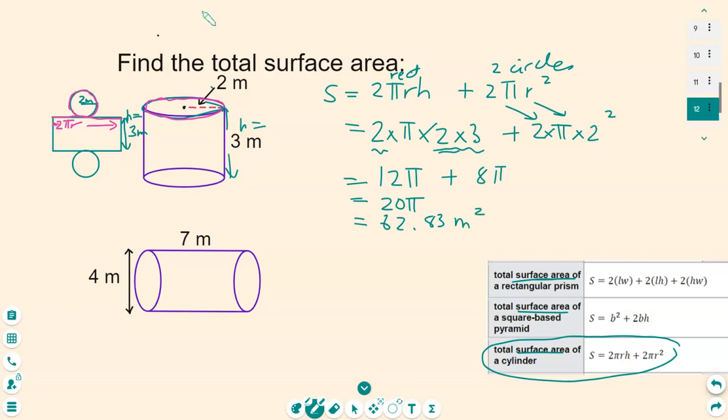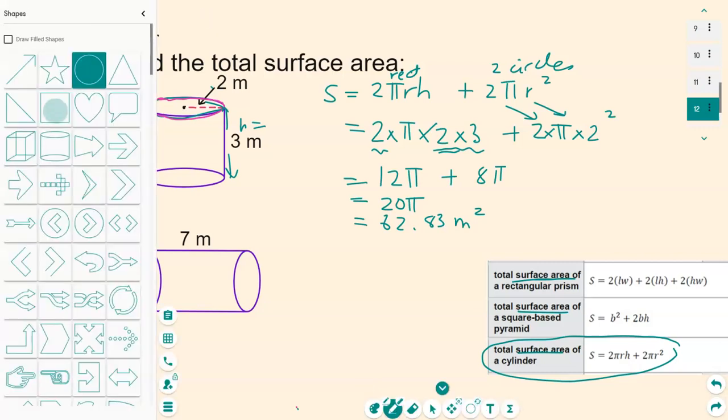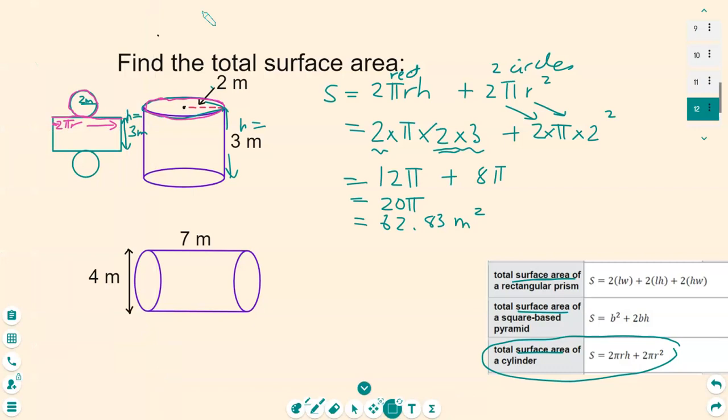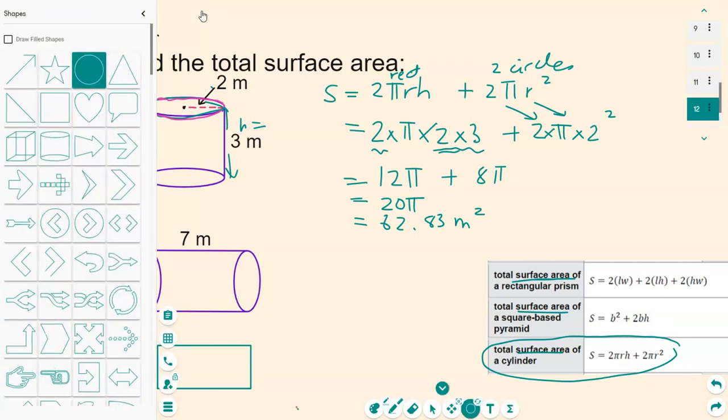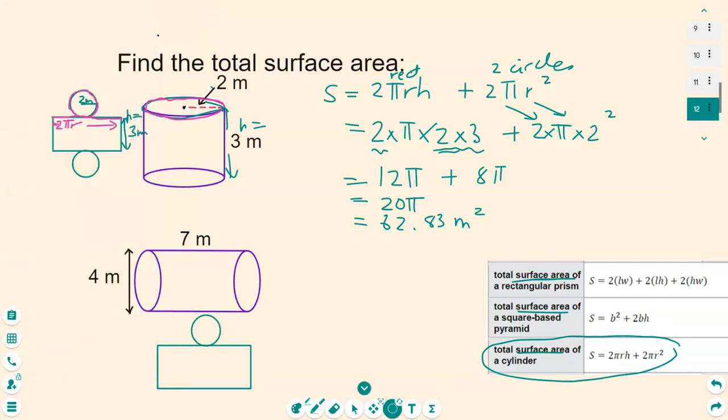And let's try it on this one. So what do we got? Another cylinder. Just draw the net to get your head around the problem. It's a rectangle and two circles.